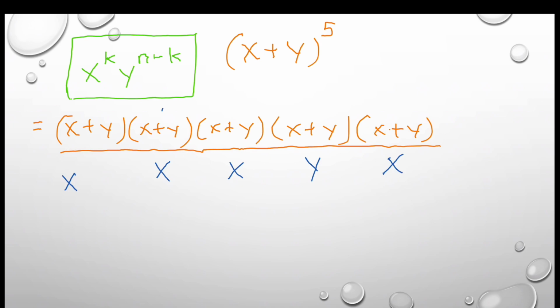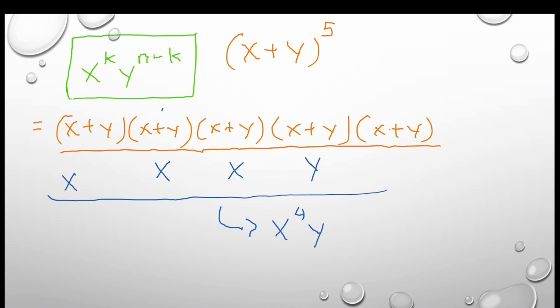Now, what this essentially gives me is the exponent. This entire thing will turn out to be x to the power 4 times y. If I were to choose two y's instead, maybe if I took a y here, then I would have x to the power 3 times y to the power 2, because I have two y's and I have three x's.